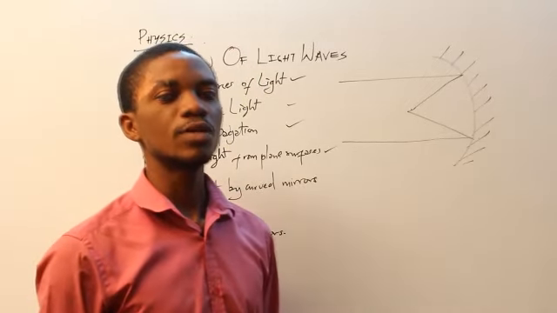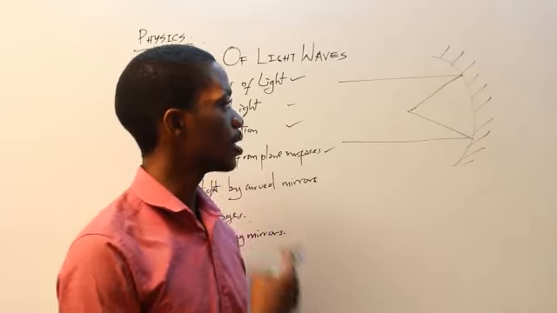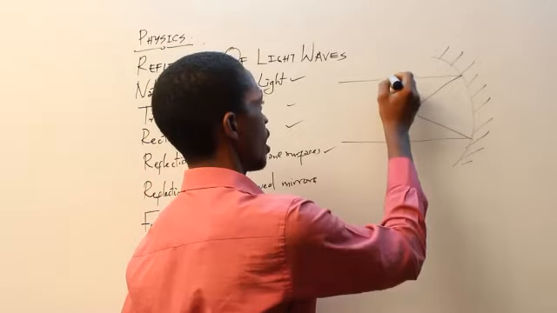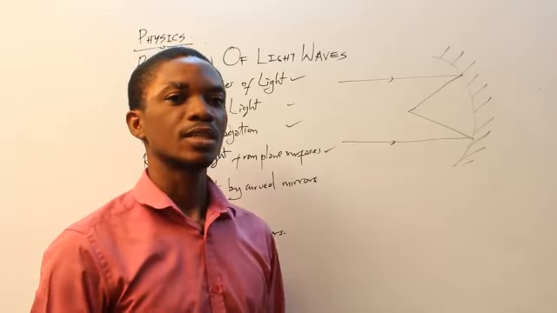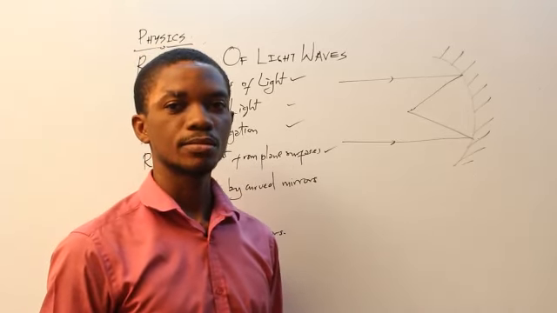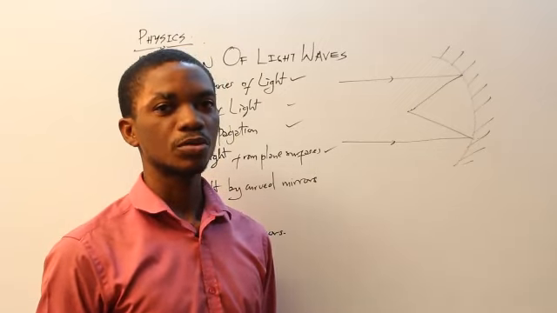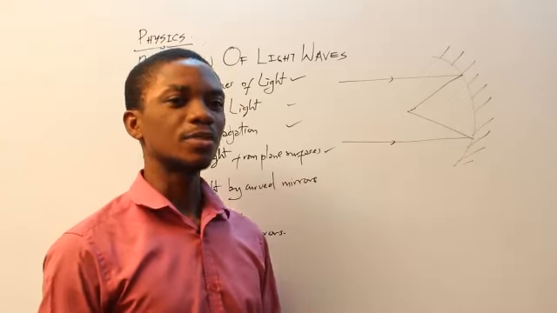There are some terminologies that we need to keep at heart, especially when we're working on lenses and mirrors. Terminologies such as the focal length, the radius of curvature, also image distance, object distance.